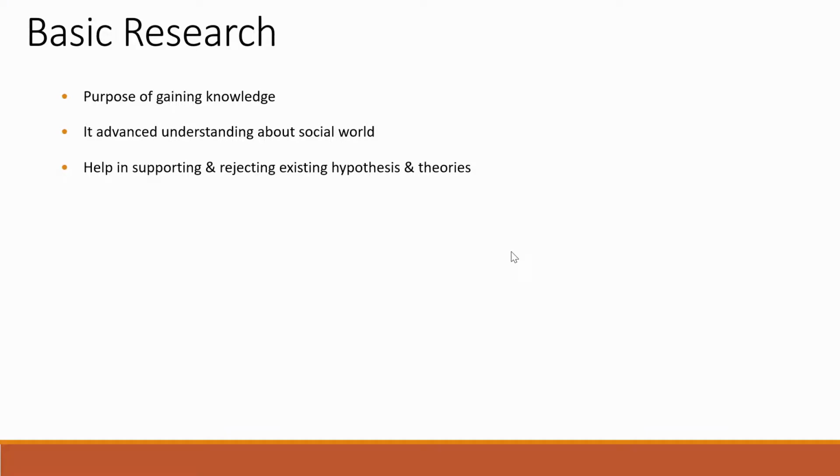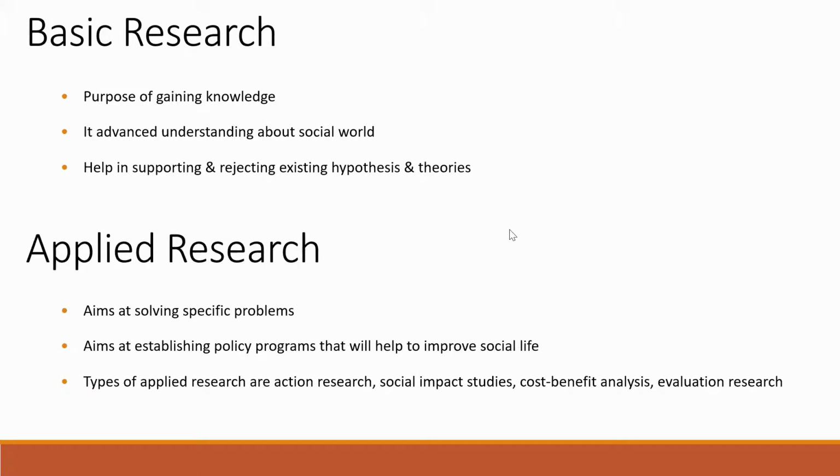So those are the three main parts about basic research, and then we go to applied research. Applied research is different from gaining new knowledge or facts from basic research, because applied research aims at solving specific problems.